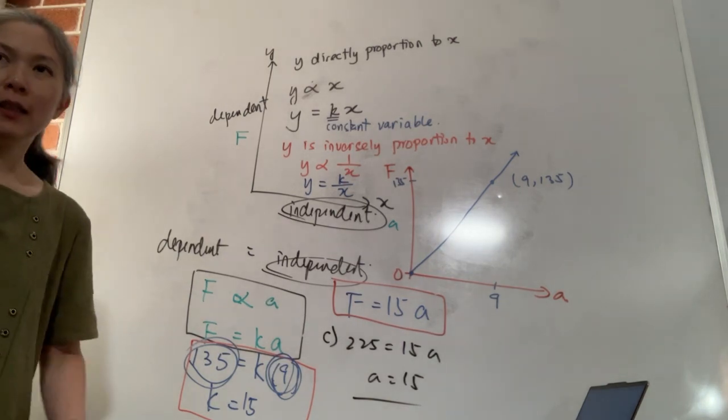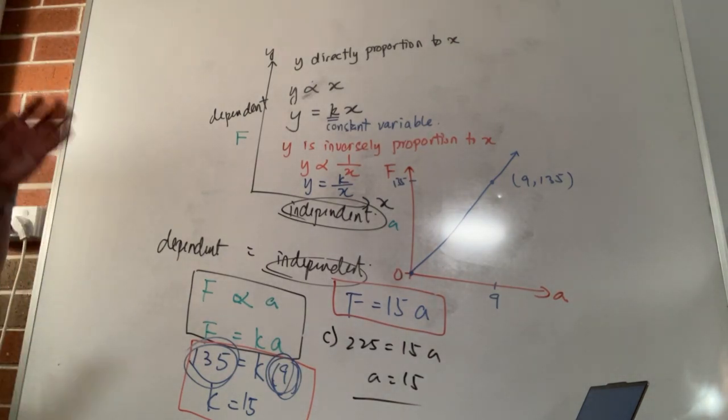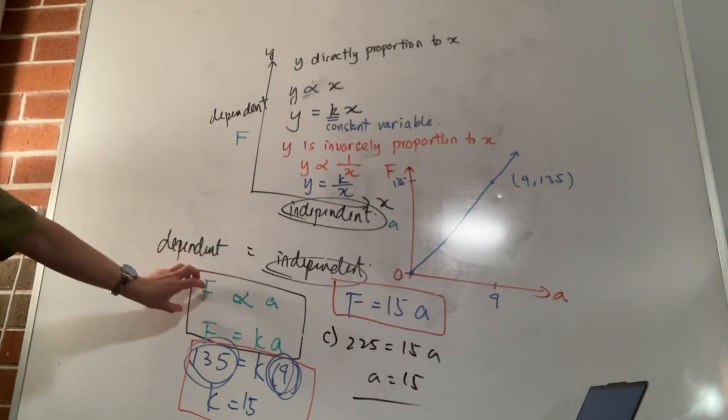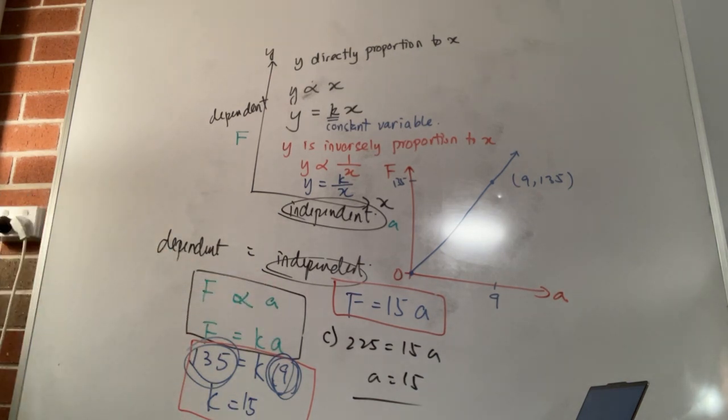So the first question is, look at the question, what comes to the left hand side, what goes to the right hand side of the equation. Is that proportion or inverse proportion? Okay, read question 2.